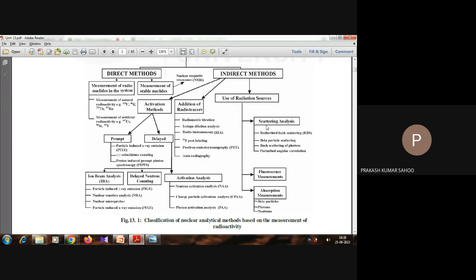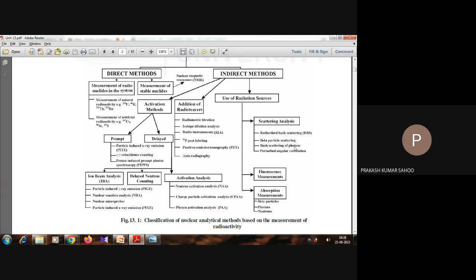So if it is scattering, then it will be Rutherford backscattering, like in the Rutherford gold foil experiment, where 1 out of 10,000 rays comes back to its original axis from where it originated. This type of backscattering is in our indirect method.